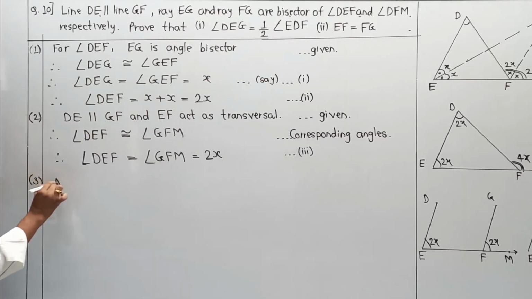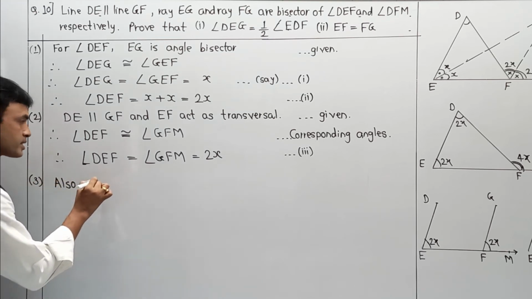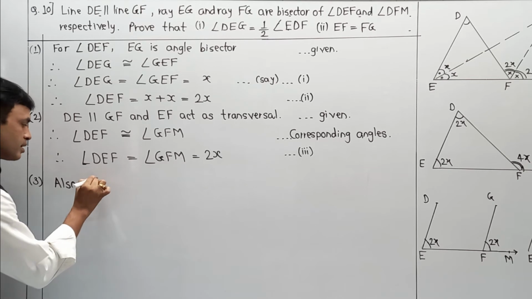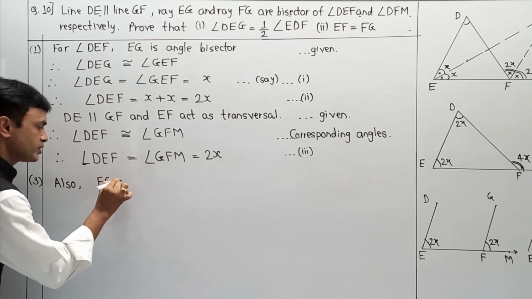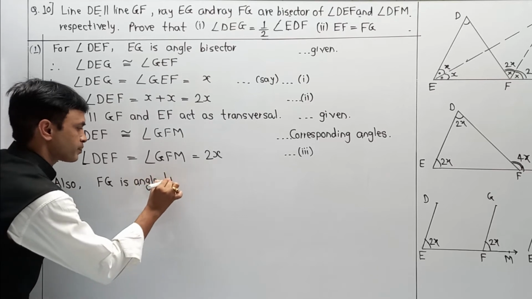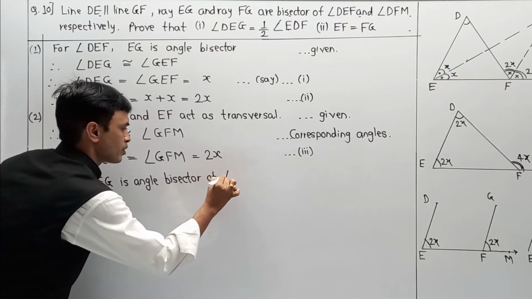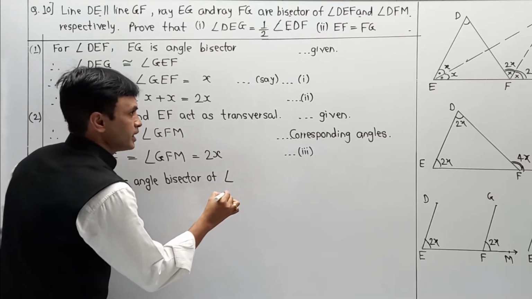Third, also FG is angle bisector of angle DFM.